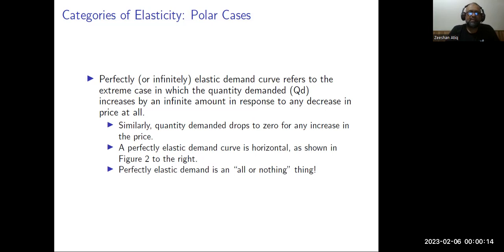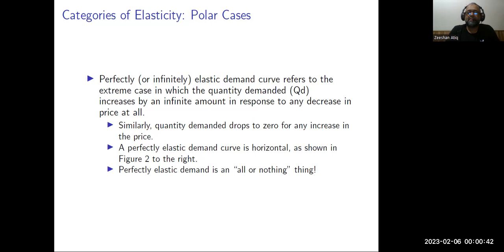In that instance, a producer cannot charge more than the market price, and similarly he cannot charge less than the market price, because generally in this kind of situation the producers are charging the minimum price. They generally produce at the minimum point of their average cost curve, and they charge a price equal to their marginal cost. So in this situation a person has no choice but to continue with the market price.